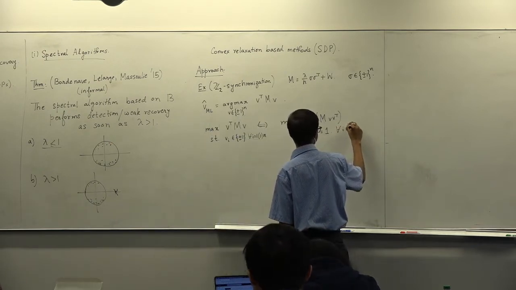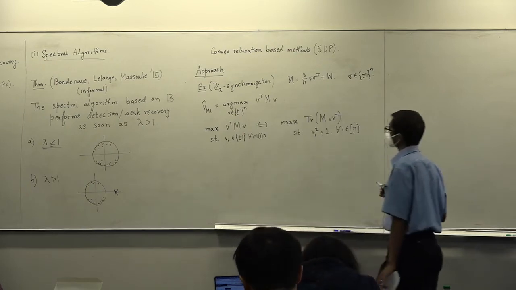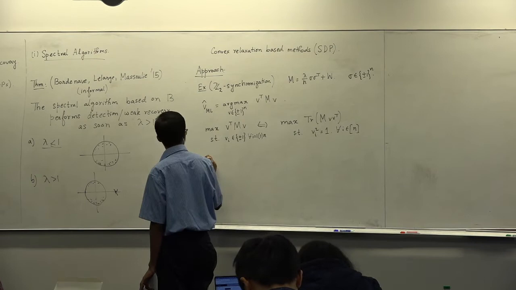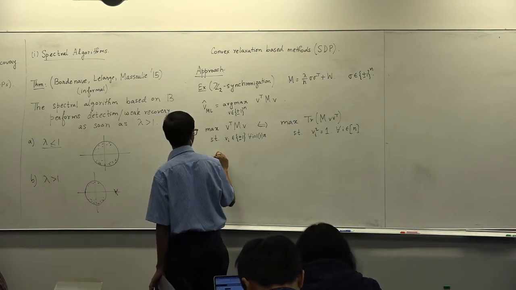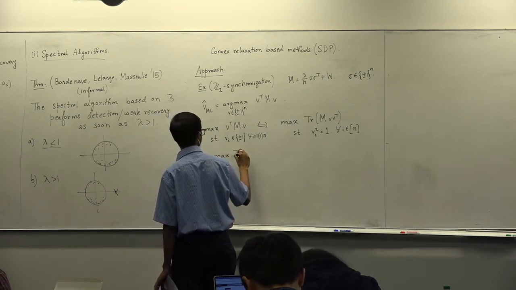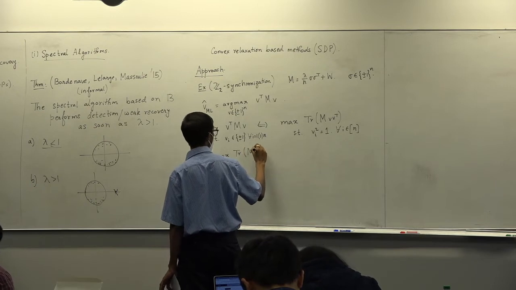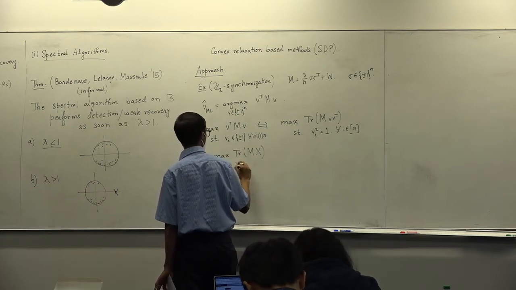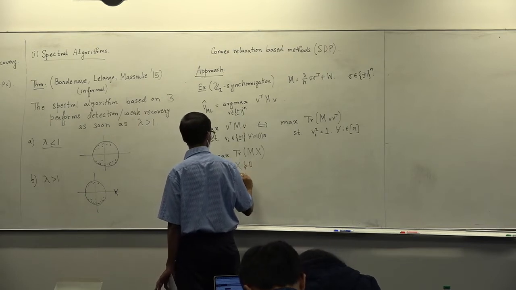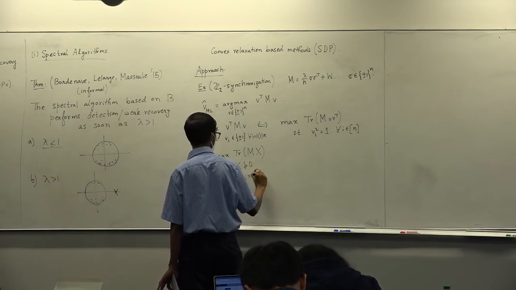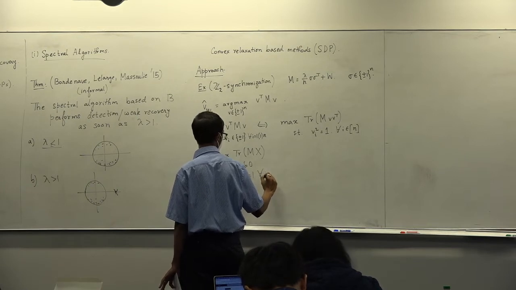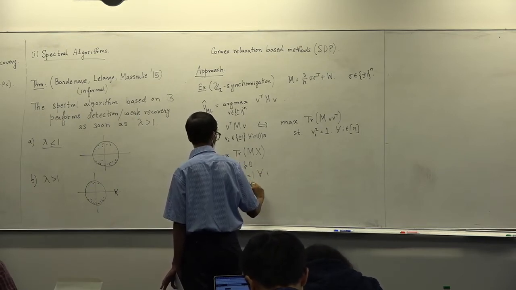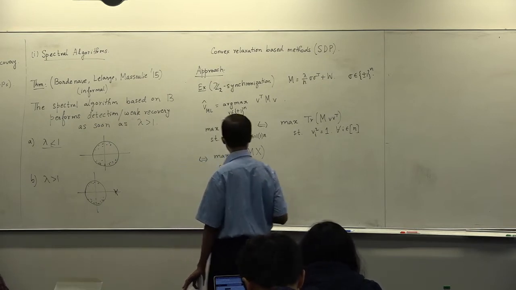And then I can say, okay, this is equivalent to solving the following problem. Max over the trace of MX subject to the constraint that X is positive semidefinite, Xii is 1 for all i, and rank of X is equal to 1.